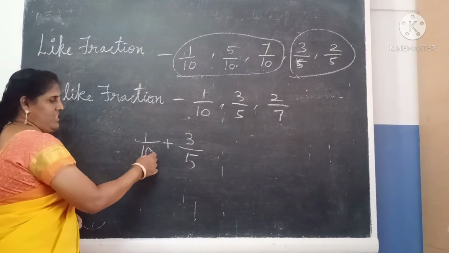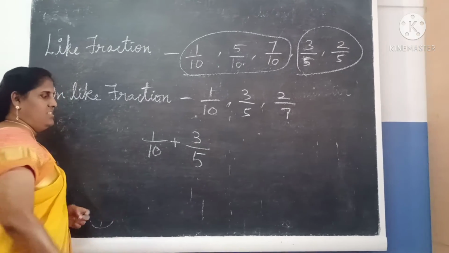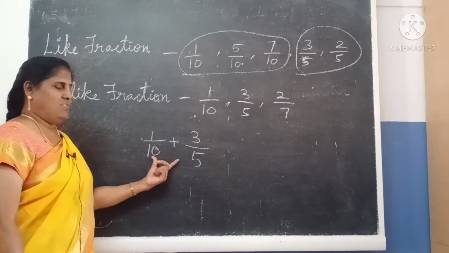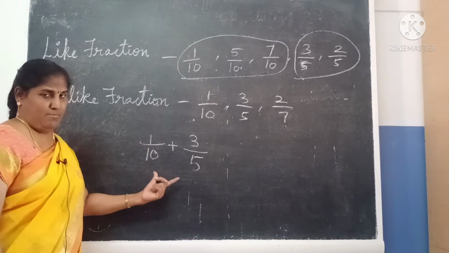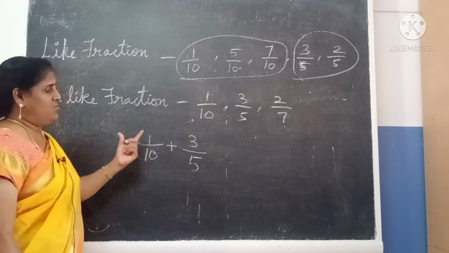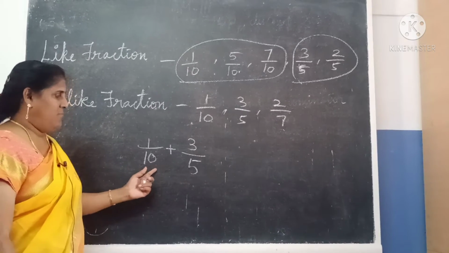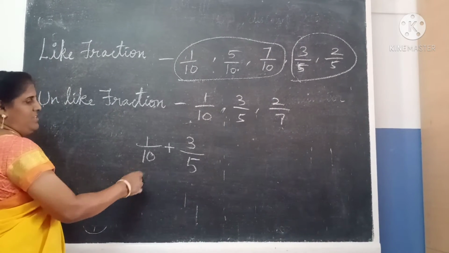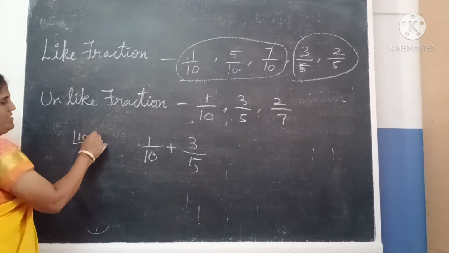Here denominator is 10 and here denominator is 5. So that means these are not like fractions. Unlike fractions we cannot add. But if we change the denominators to be the same, then we can add. For example, here what are the denominators given? 10 and 5.